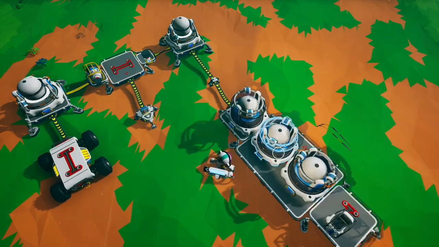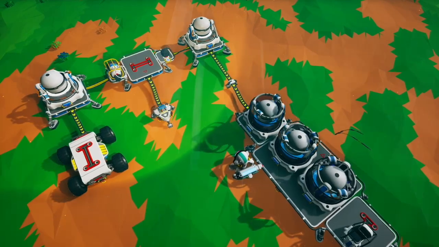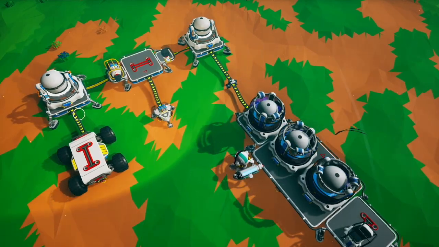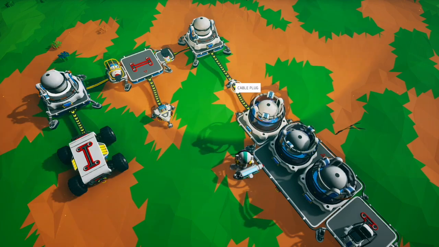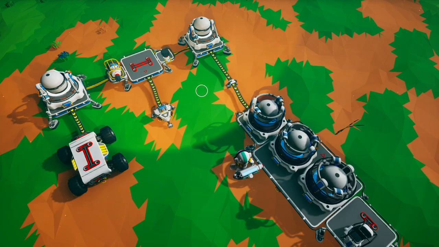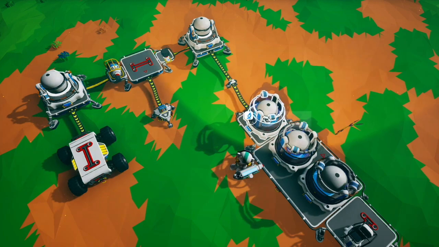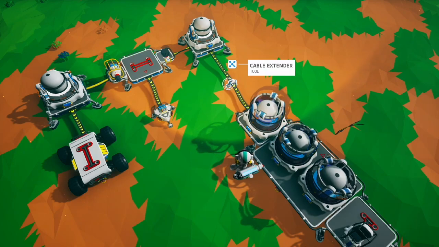So this is only taking 1 power, and even though there's 3 power coming from this medium generator, because we have 3 one-way power lines coming out of this system up here, it is only going to supply 1 power through this. So this cable extender will only ever pull 1 power.